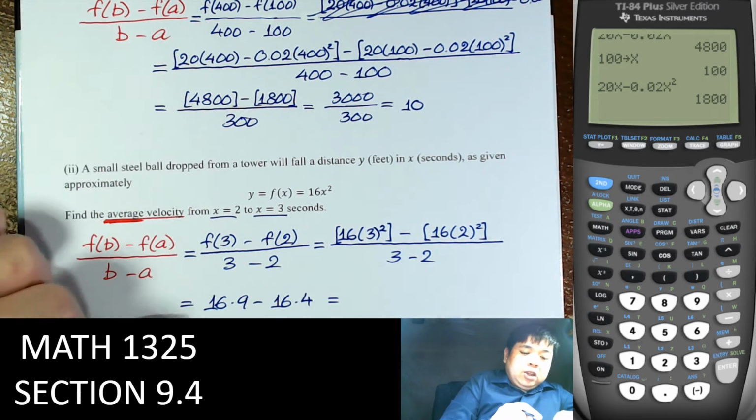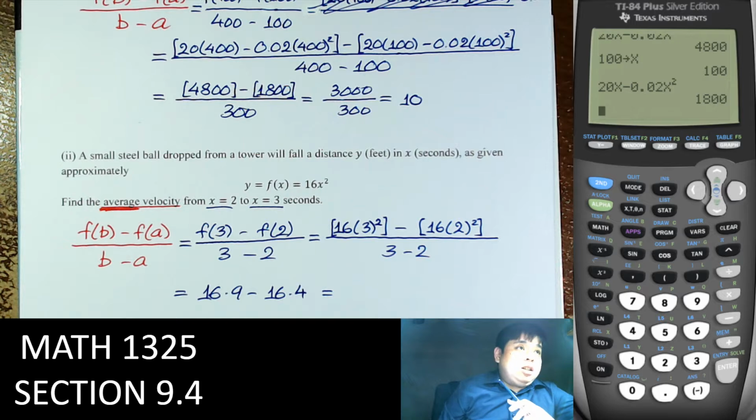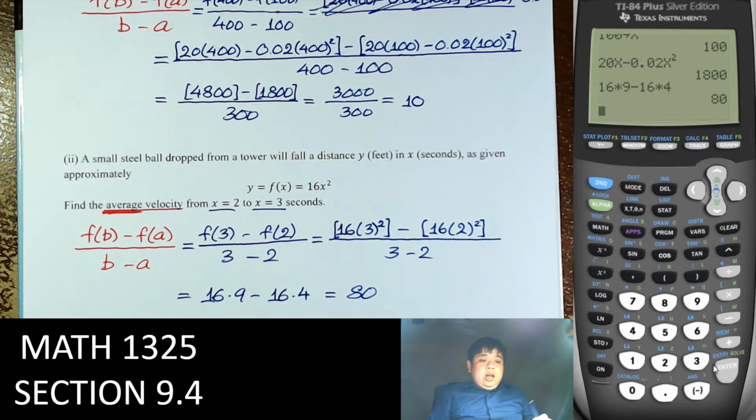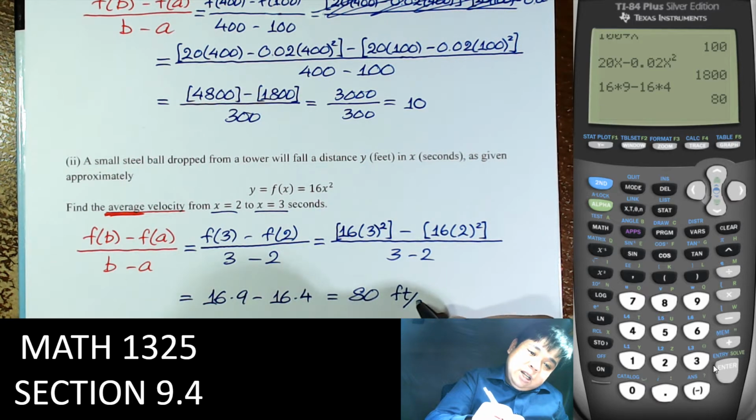Right. 16 times 9 is 144, minus 16 times 4 is 64, so 16 times 5, that should be 80. So from 2 seconds to 3 seconds, the average speed is 80. The unit should be feet per second.